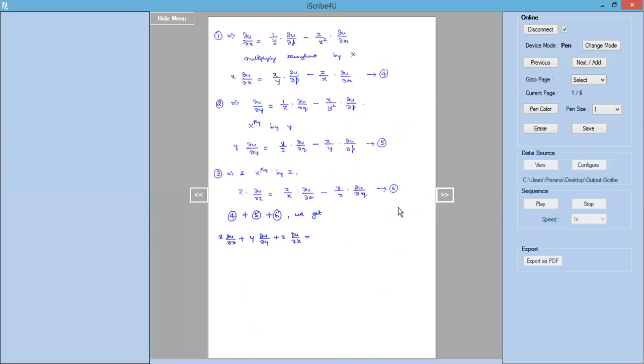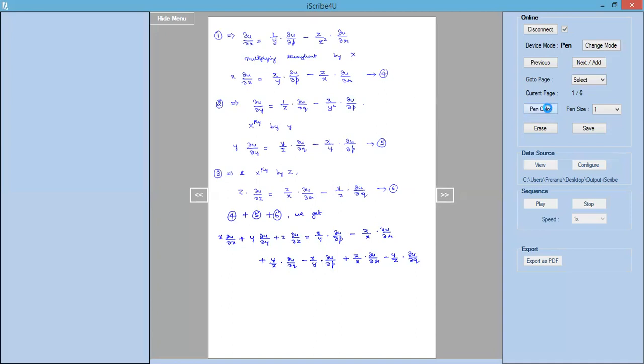We are adding (x/y) ∂u/∂p minus (z/x) ∂u/∂r plus (y/z) ∂u/∂q minus (x/y) ∂u/∂p plus (z/x) ∂u/∂r minus (y/z) ∂u/∂q.